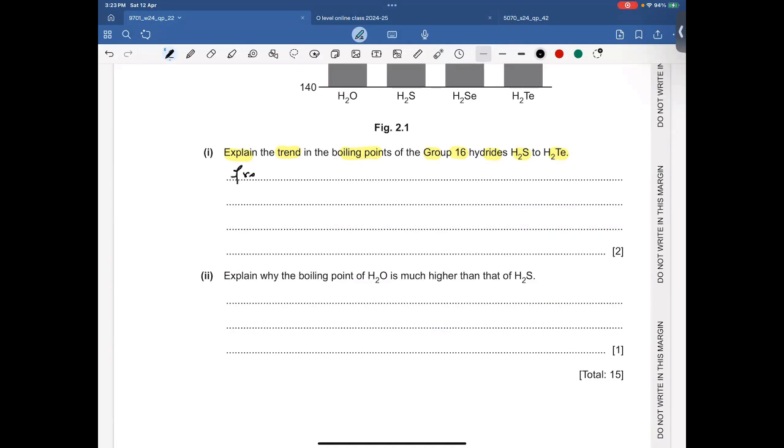So from H2S to H2Te, number of electrons increases.